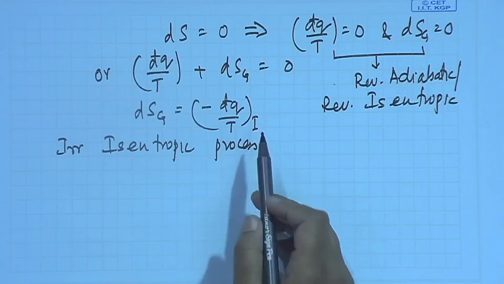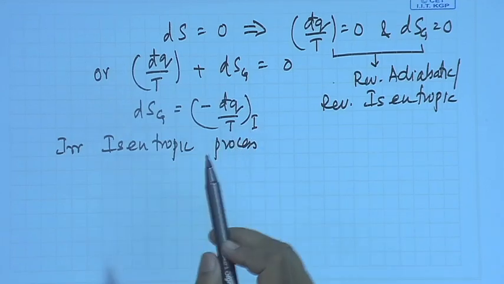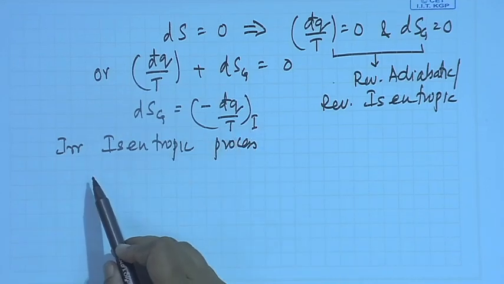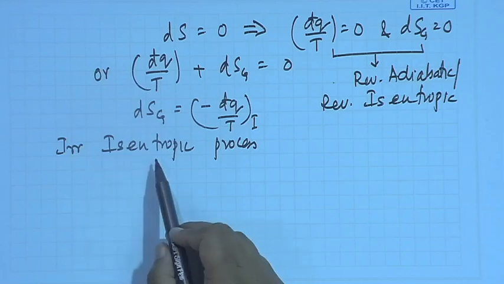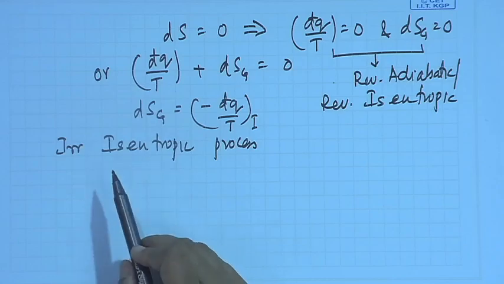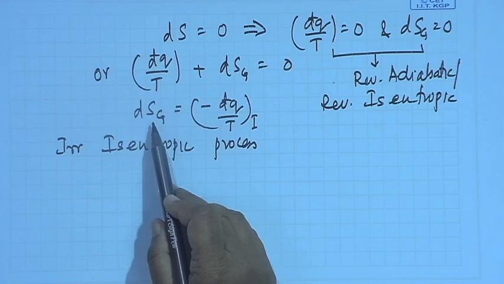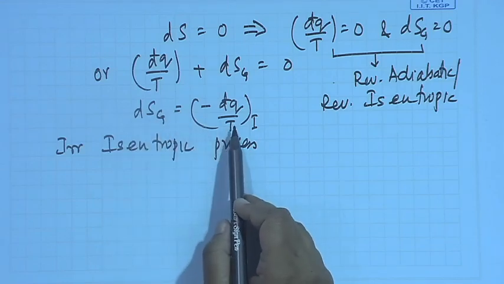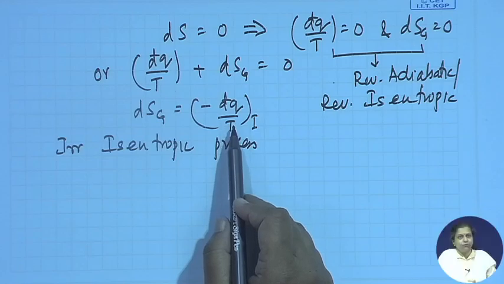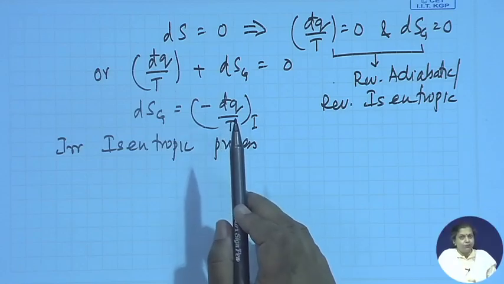This implies that we can have an isentropic process even when it is not reversible and adiabatic, but under that condition the process has to be irreversible and there has to be entropy generation, and this entropy generation has to be equal to the amount of heat which is lost by the system to the surroundings. So, it implies two things.